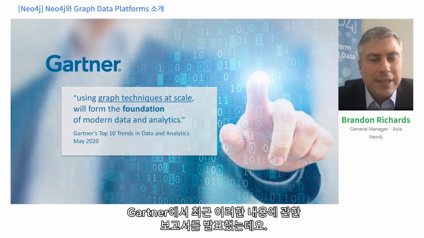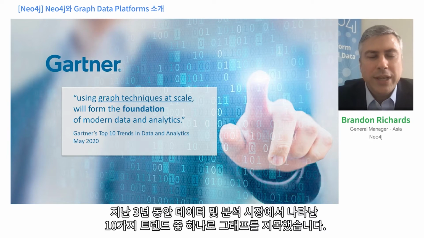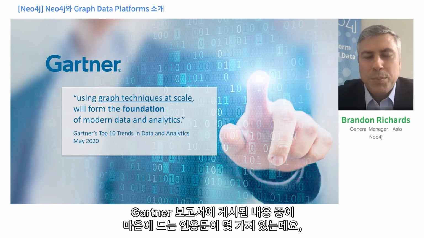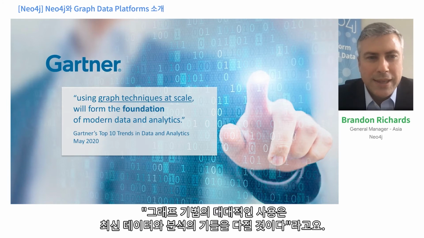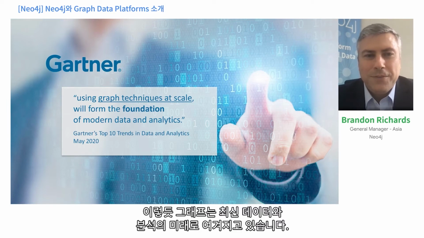Gartner has spoken recently about this. In fact, in the last 3 years in their top 10 trends for data and analytics, they've included graph as one of those top 10 trends. A couple of the quotes that I like from their reports, one is from 2020. They said, using graph techniques at scale will form the foundation of modern data and analytics. So graph is viewed as the future of modern data and analytics.